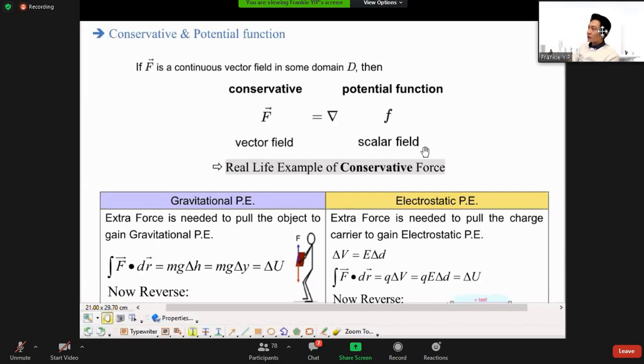Okay, another thing about the conversion between conservative and potential function. Got it? Okay, so let's see.